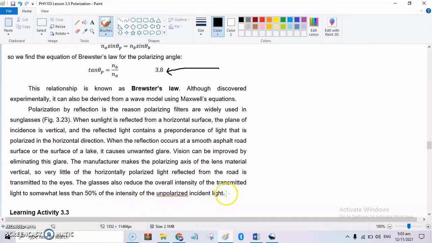So, in short, ang kagandahan ni polarized glasses is for lesser intensity of the unpolarized incident light. Kasi nga 'di ba, kapag wala tayong sunglasses, we can sometimes be hurt by the intensity of the natural light.